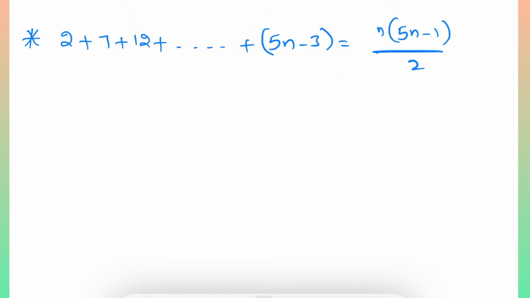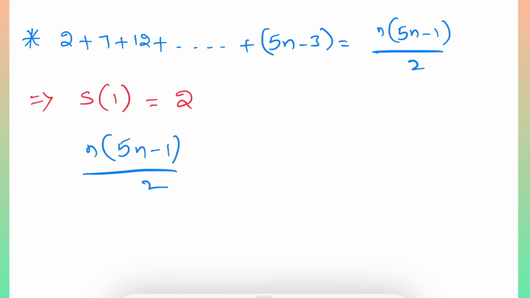The first step is substituting 1 in the place of n. First, S(1) equals the sum of the first term. Here the first term is 2, so the sum of the first term is 2. Now substituting 1 for n in the given formula, n(5n - 1)/2.